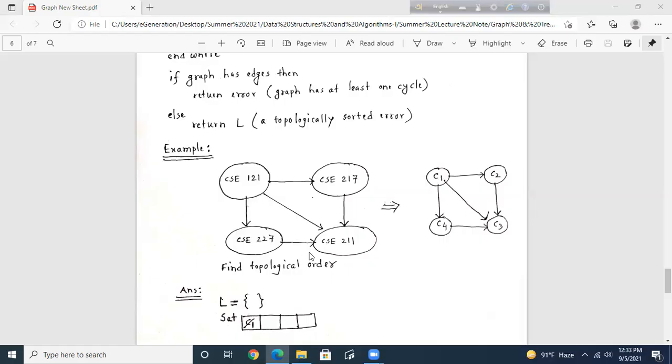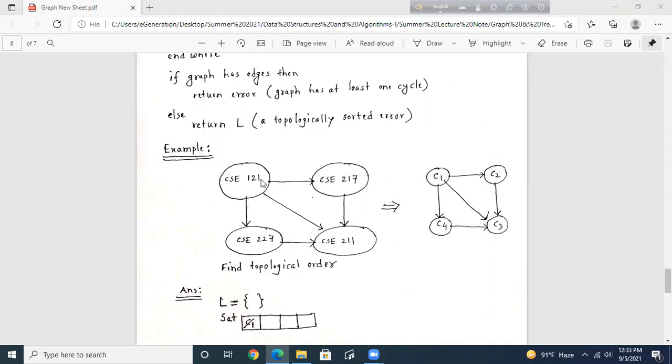At first, I am checking this part: CAC 121, then CAC 227, then CAC 211. If you look at the graph very carefully, in this part there is no cycle. Why is there no cycle?